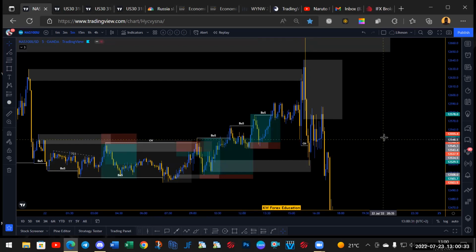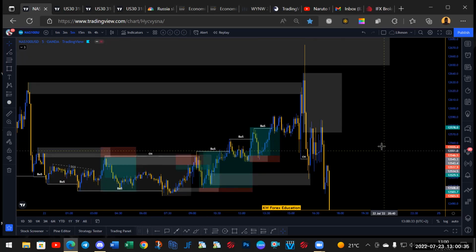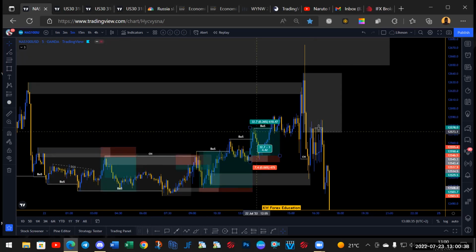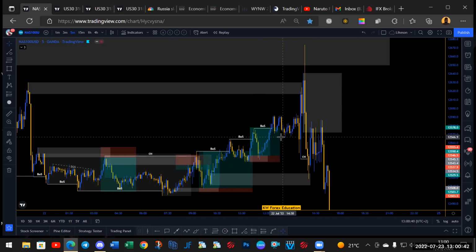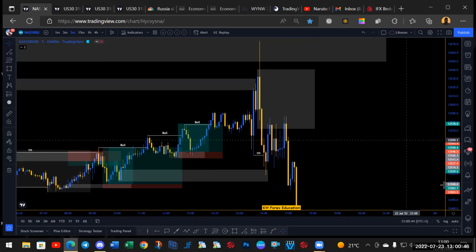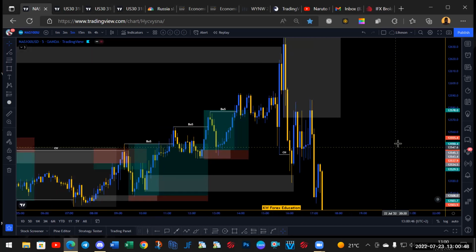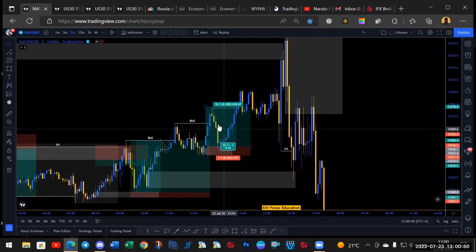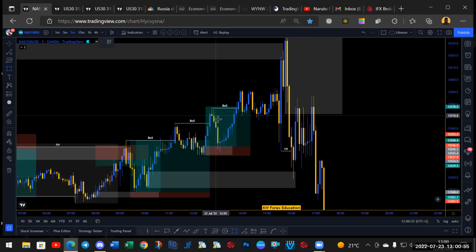So look at what price does now. From here, we didn't draw that one there. Let me show you. We're not going to draw this one because it is that huge, but we are going to refine it.